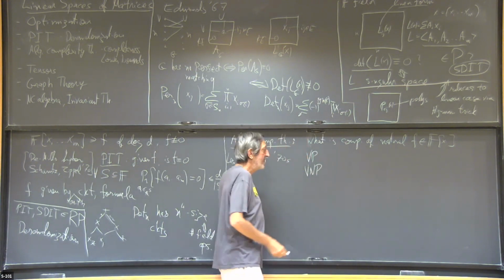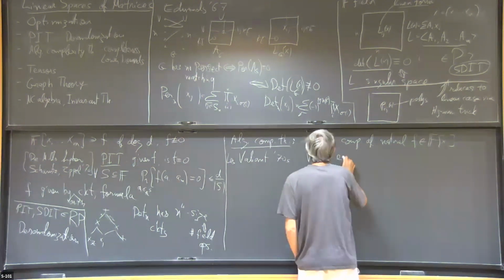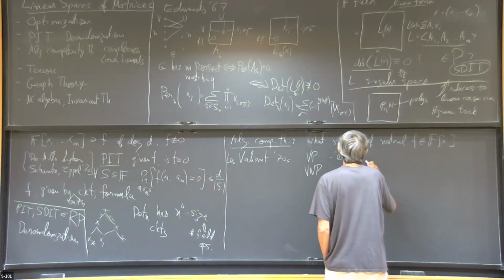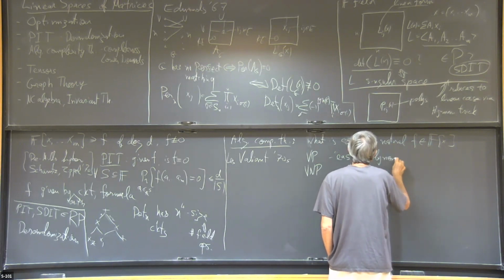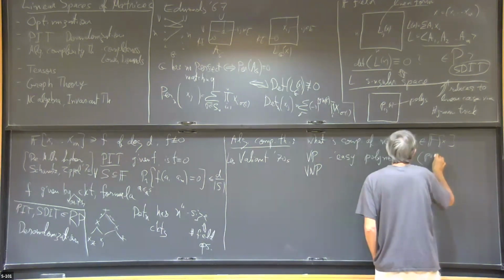VNP. Okay, so these are the easy to compute, with poly size.